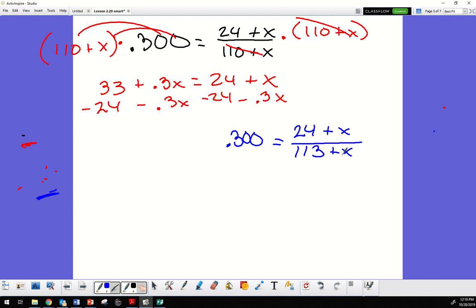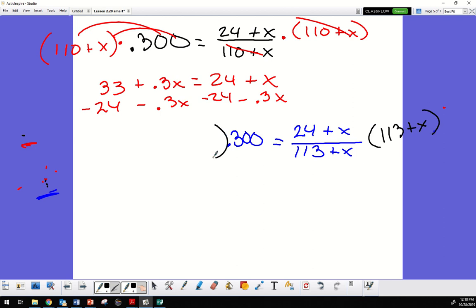No, it's the same. We've got to do the same steps. So, like I said, same steps. What am I going to multiply both sides by? There you go.